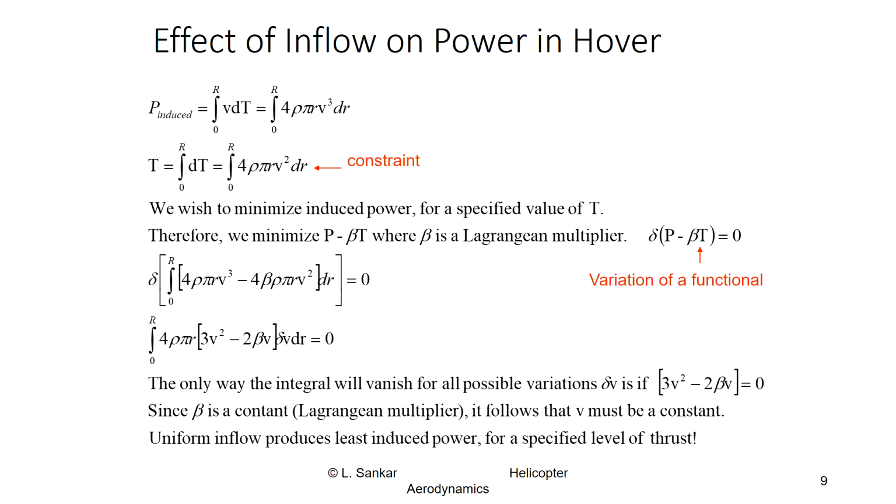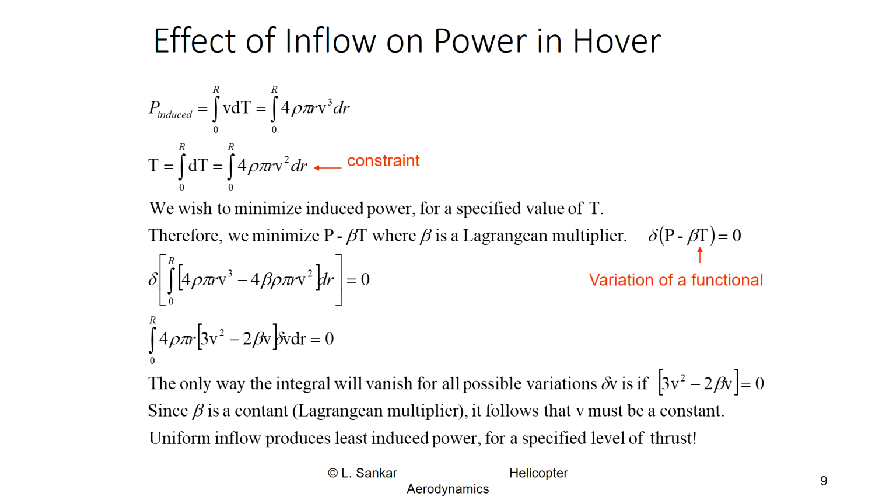That means delta of P, which is defined on the top of the slide, minus beta times T, is defined in the top of the slide. Both have an integral with respect to r, so you could group them together as a single function. Now, delta is like a derivative, but it's operating on the integral.